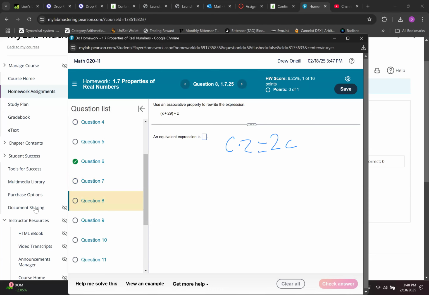The associative property is not as important, but let's talk about it. It's pretty straightforward. It certainly would help when we were dealing with order of operations, so maybe that's a reason to justify knowing about this. But we can say that this is the same as x plus 29 plus c, because the parentheses aren't really there.